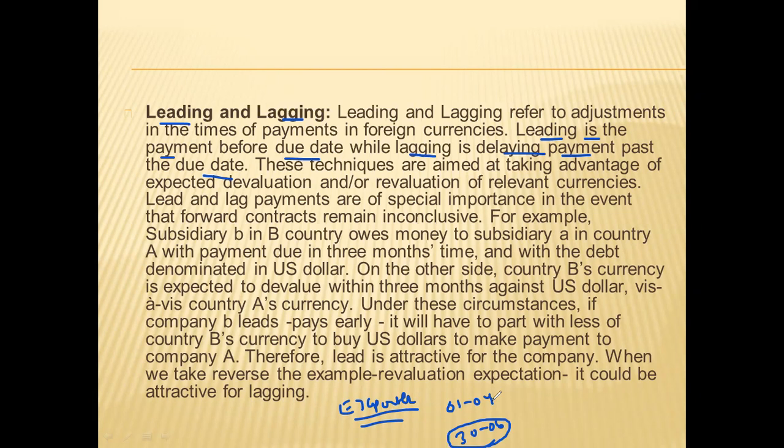Now what can you do? Either you can enter into a derivative contract and freeze your amount to be received on 30th June. We have understood you can enter into a forward contract with the bank and freeze the amount. That can be one technique. Another technique can be the leading or lagging technique. How can you use this?